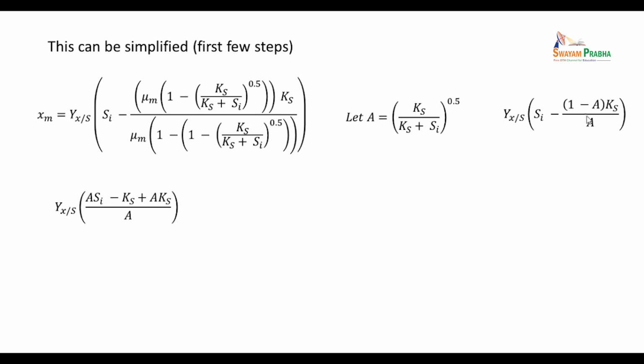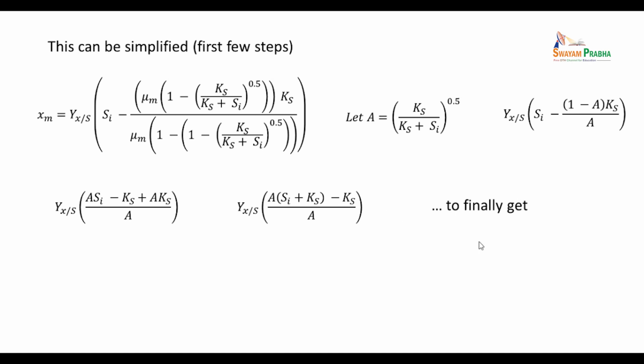And therefore, if we take a common denominator here, we are going to get a Si minus Ks, expanding the bracket here, plus a Ks, and then combining the terms. Now you are closer to the solution.